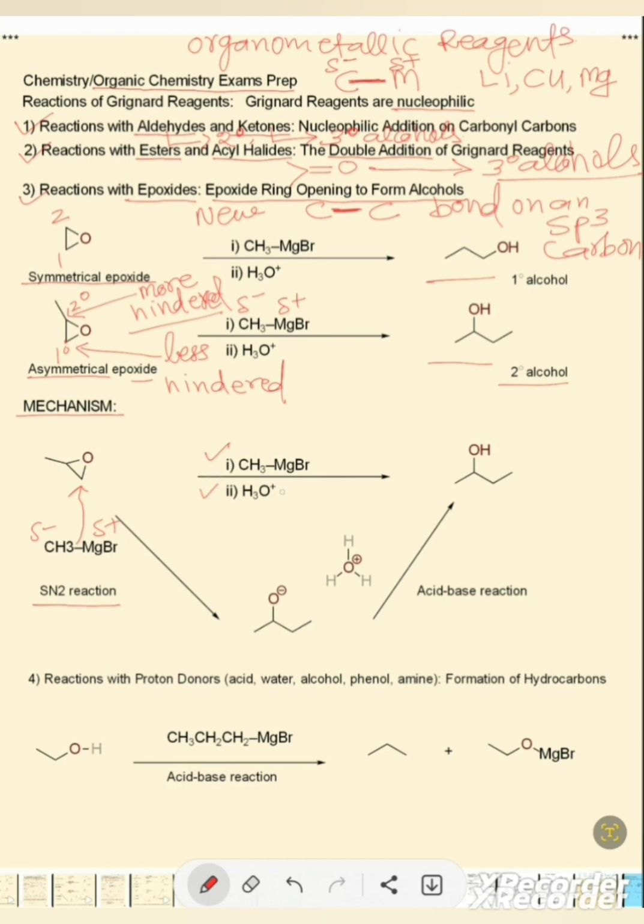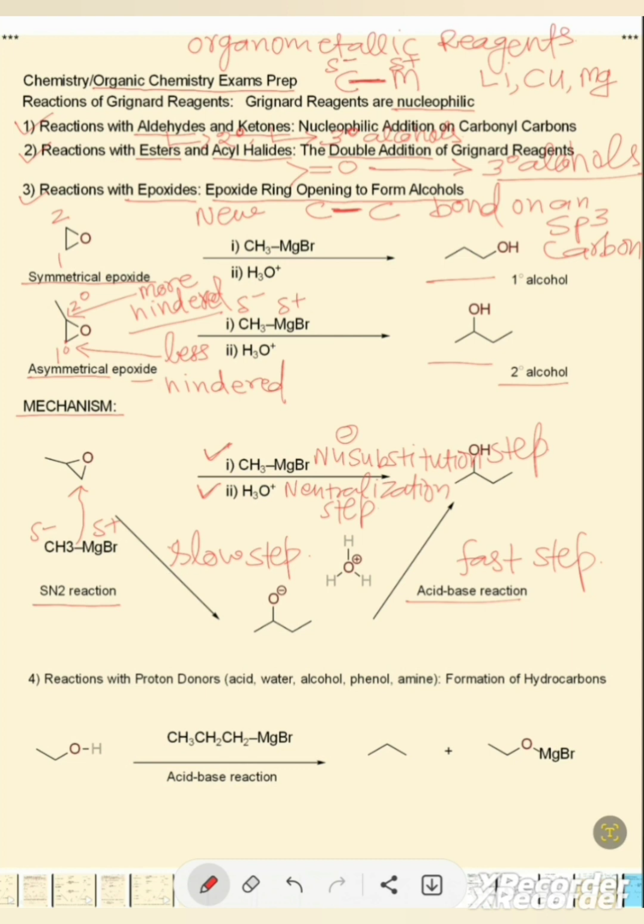The second is the neutralization step. So the first step is the nucleophilic substitution. The second step is the neutralization. So first step is the slow step. And the second step, acid-base reaction, is the fast step.